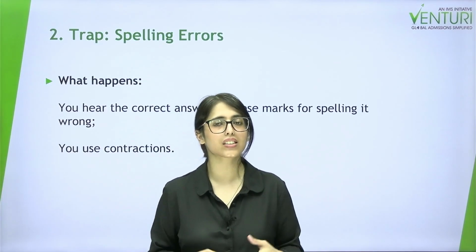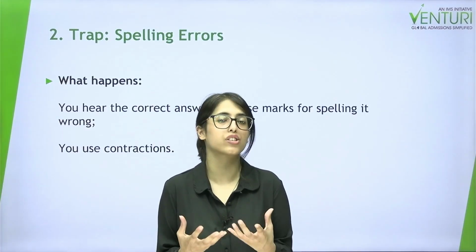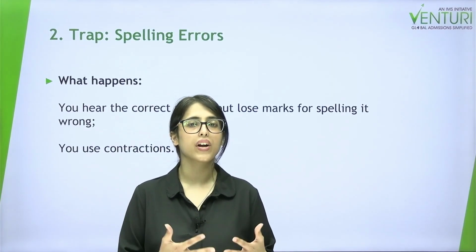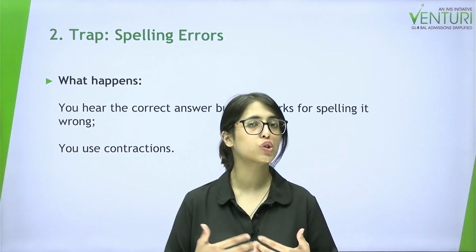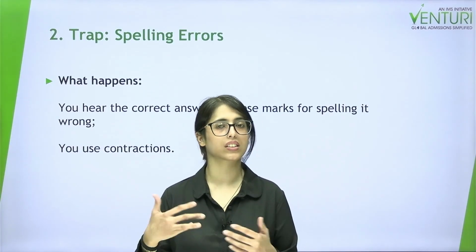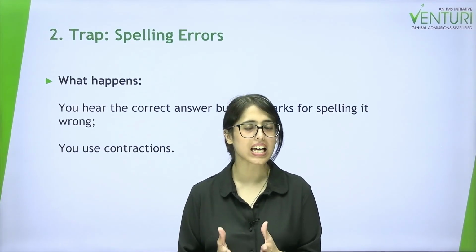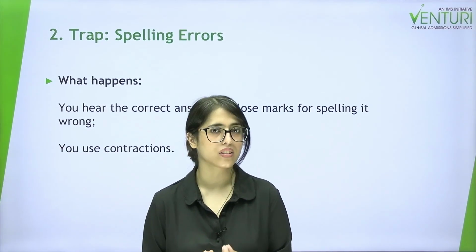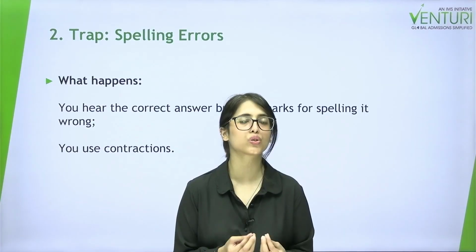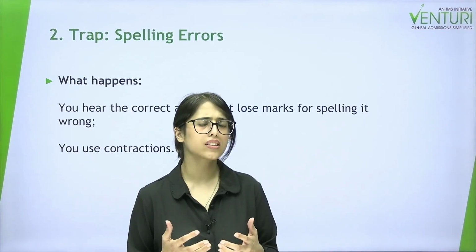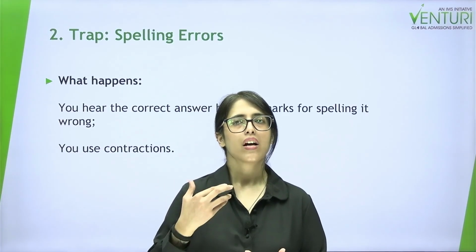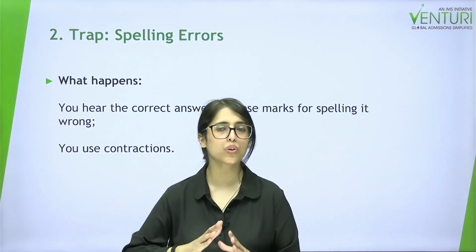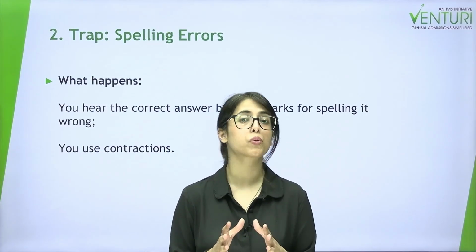The second is that sometimes they also use contractions. Contractions like, instead of writing do not, they would write don't, or cannot will be written as can't, right? These things are not at all welcomed by your IELTS examination. So try not to do these things on the test. And if you think that something is very high-level vocabulary, usually those are going to be proper nouns.